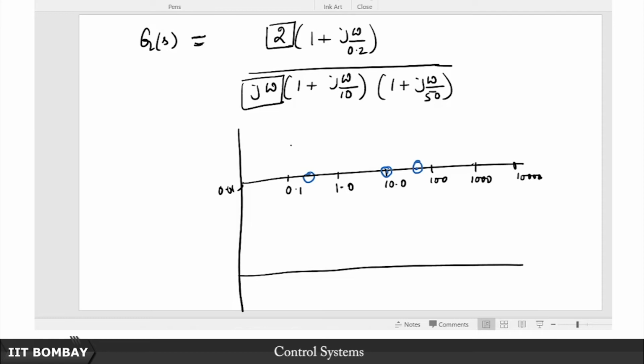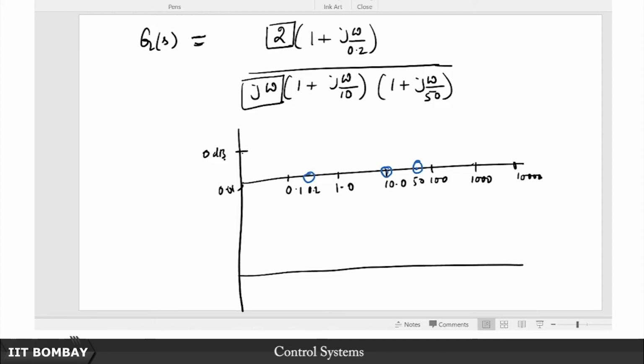How do we go about this? So let us say this is my 0 dB line. If this is my 0 dB line, how do I go about sketching this? This is 0.2, this is 10, this is 50.